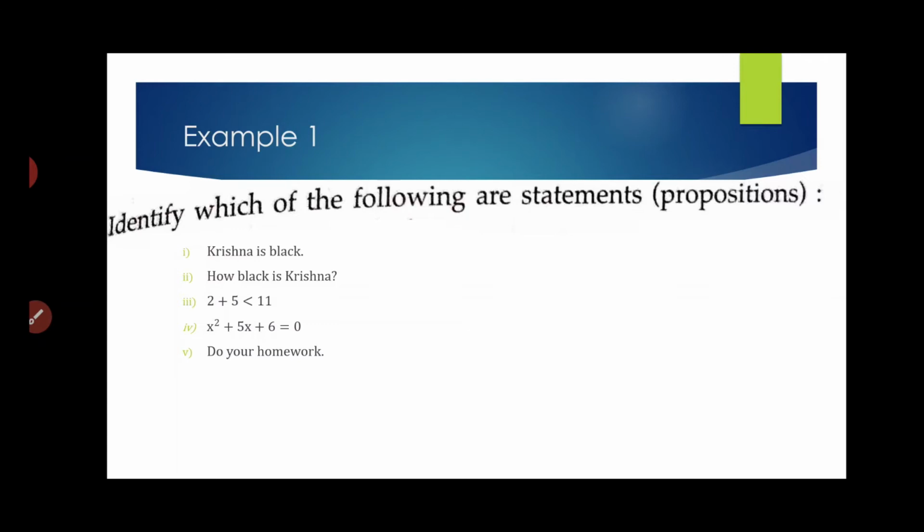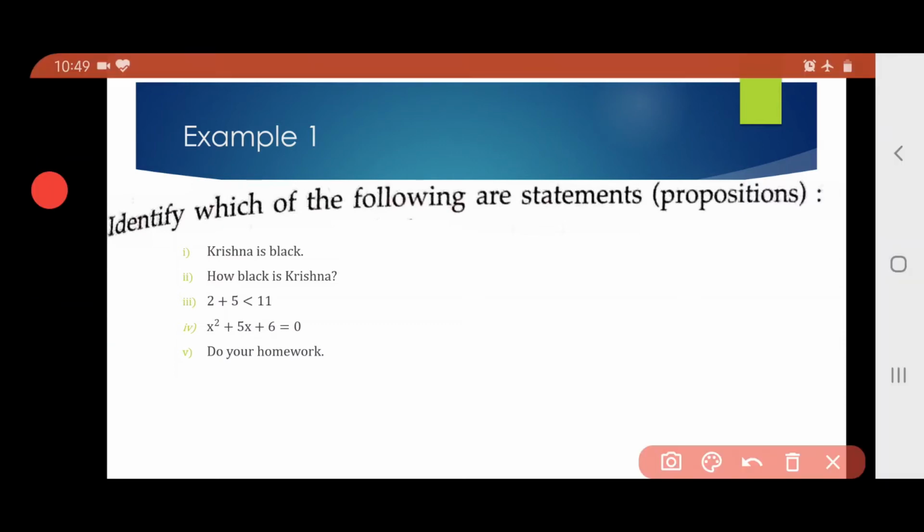So, whenever you are having an answer to any sentence in the form of yes or no, true or false, then it is considered to be a statement or a proposition. So definitely in case of the first one, we can have the answer yes or no. So therefore it is a statement or proposition.